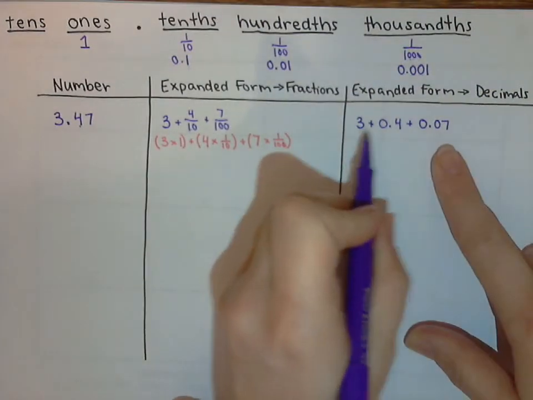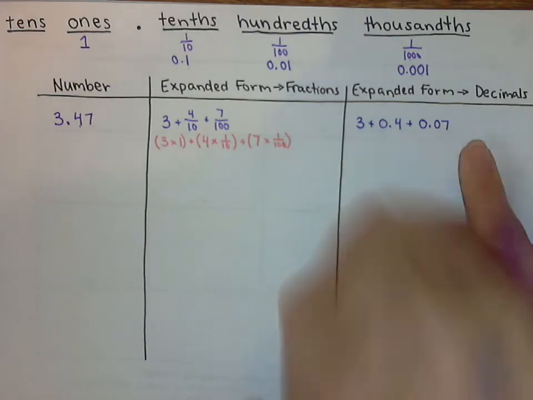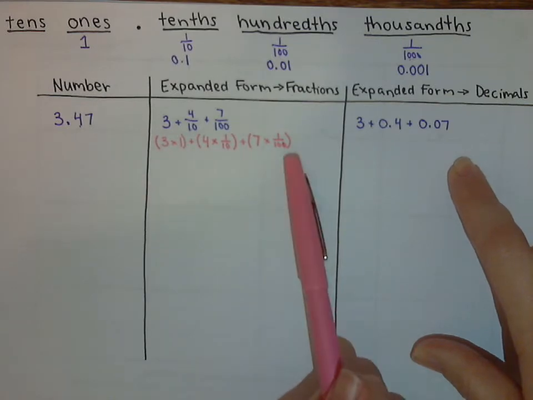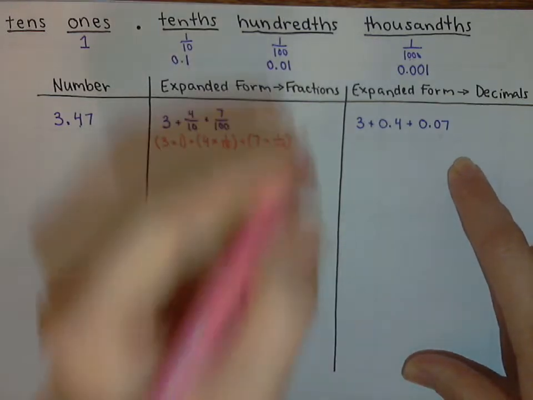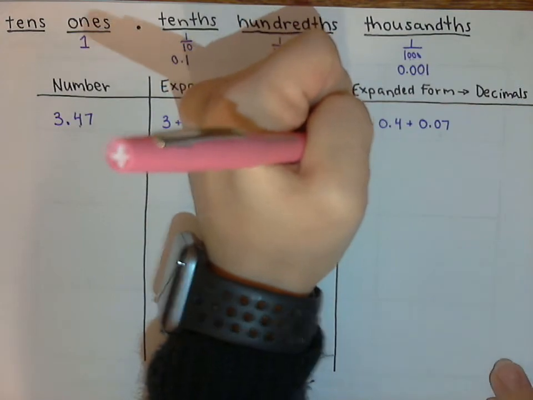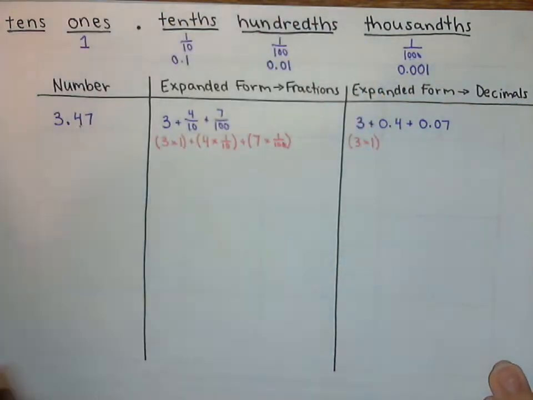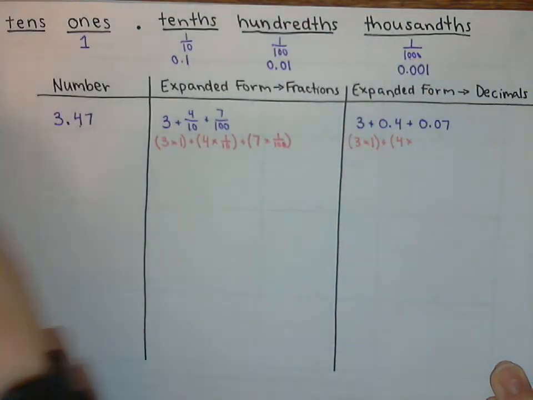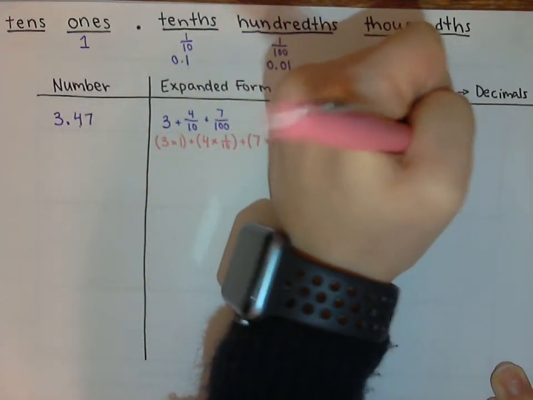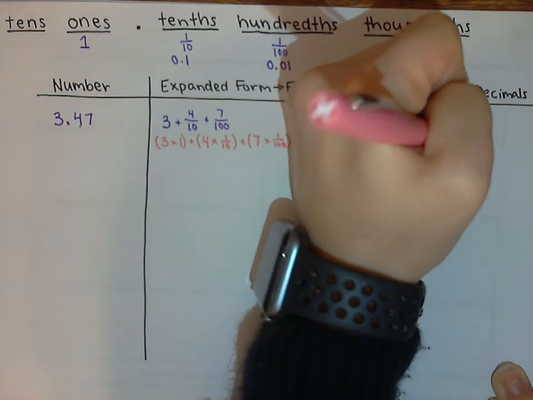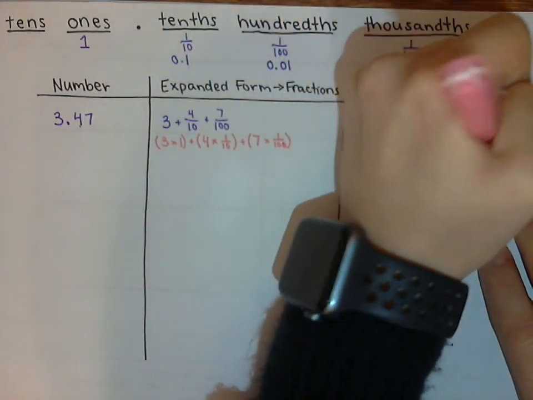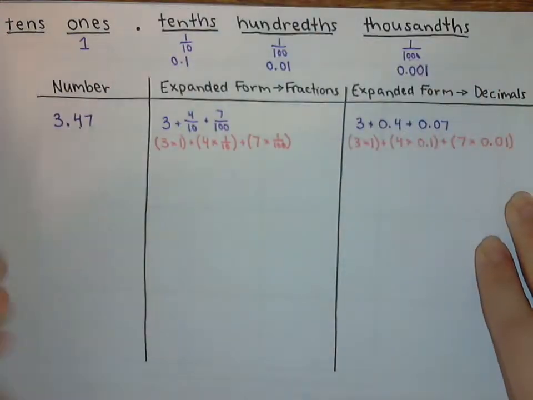So I have 3 47/100. And again, I could do this very similarly to what I did with the fractions. I could say that this is 3 times 1 because it's 3 ones. Then I could also say that it's 4 times 1/10. And I could also say that I have 7 times 1/100.